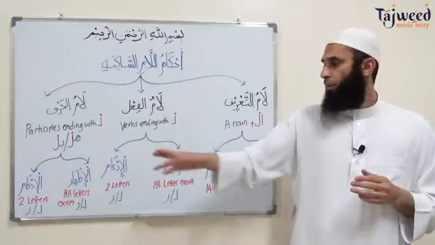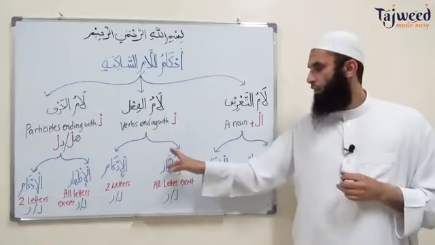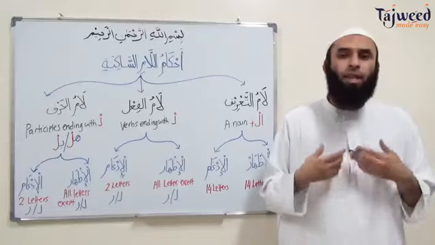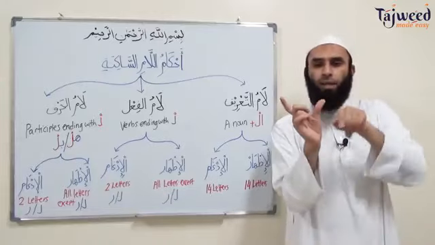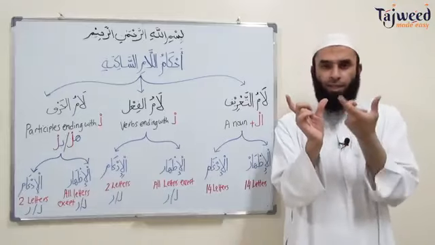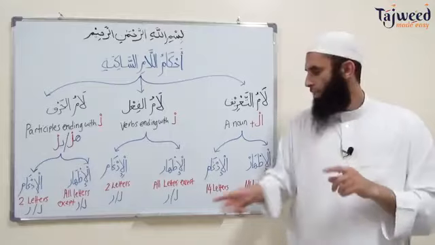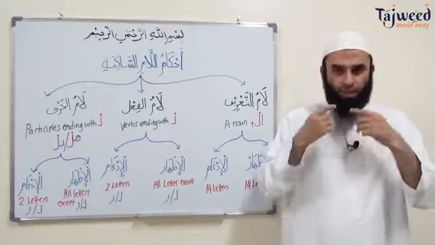This effect will be of two categories, just like in the Laam Ta'rif: al-idhar and idgham. Al-idhar just means we're going to pronounce the Laam clearly. If the second word starts with all the letters in the Arabic language, except for two letters, Laam and Ra, then this Laam is going to be pronounced clearly.